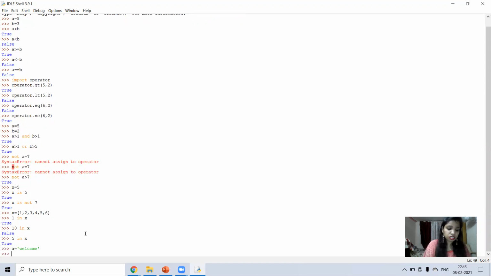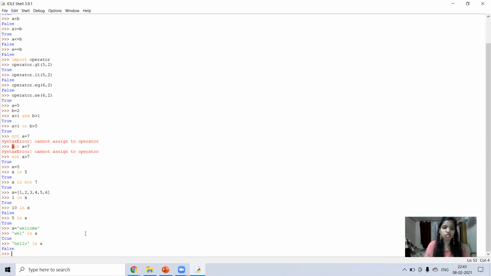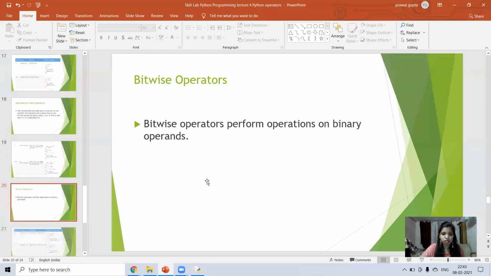I'm checking val in a. True, because val is a part of a. And I'm writing hello in a. False, because hello is not part of this string. So these were the membership operators.